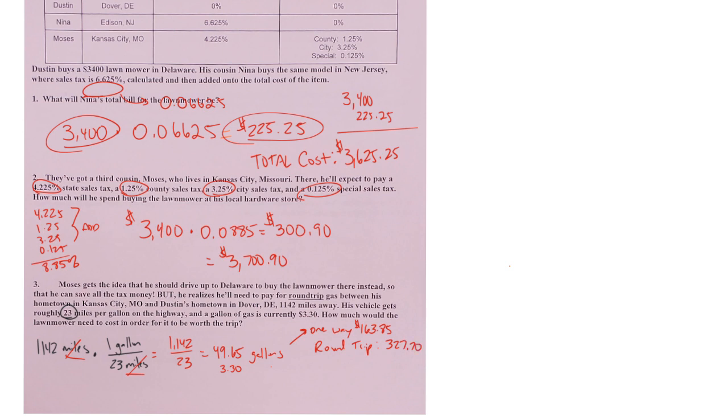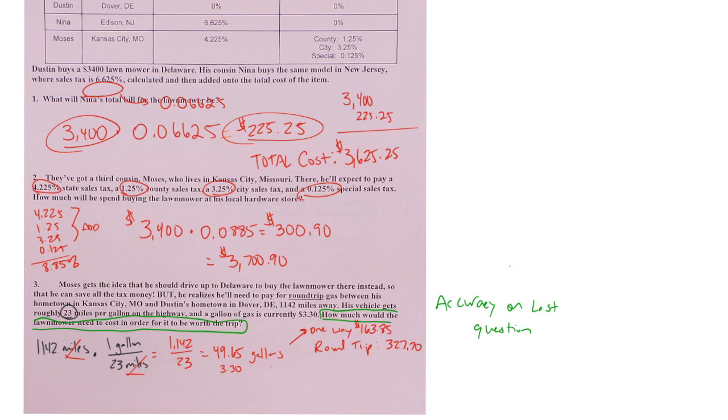Now, for you to get credit for this, so accuracy on last question. I don't think I put a mistake in this video on purpose, but I am not going to answer this one because this is a personal question. How much would the lawnmower need to cost for the trip to be worth it for you? Right now, $327, I'm going to lose money, right?